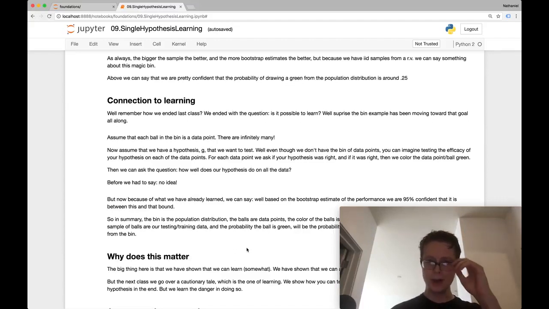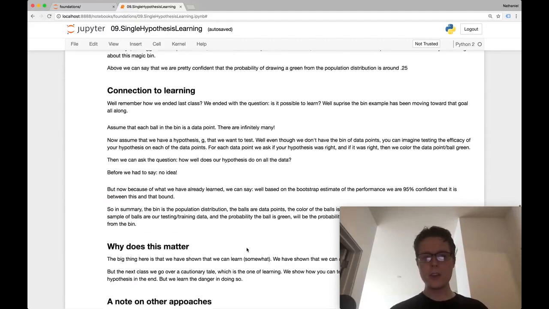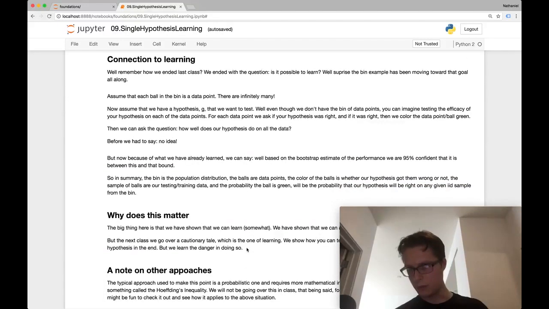You probably see where I'm going. So now, because we've already learned that we can say, based on the Bootstrap estimate, the probability of getting a green ball is 0.25 based on this example. If the balls were data points and their color was correct or not, we can actually predict how well our final hypothesis, our prediction, will do on the data set at large.